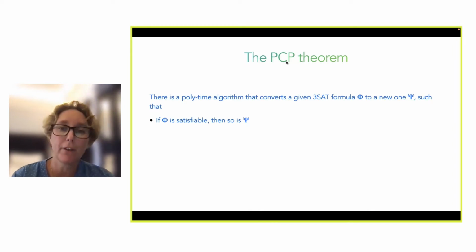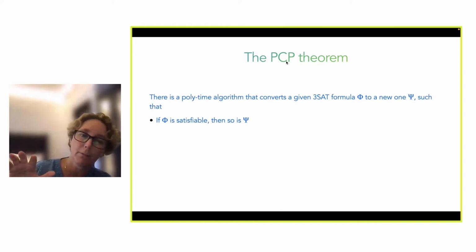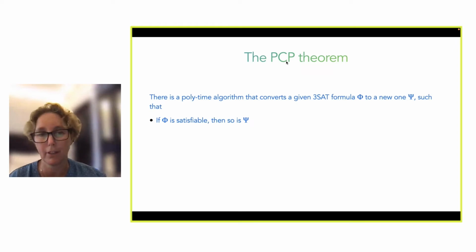The first is, if the original formula was satisfiable, if there was some satisfying assignment for it, then psi is also satisfiable. Psi might have more variables, a different set of variables, but it has this property that if phi is satisfiable, then psi is satisfiable.